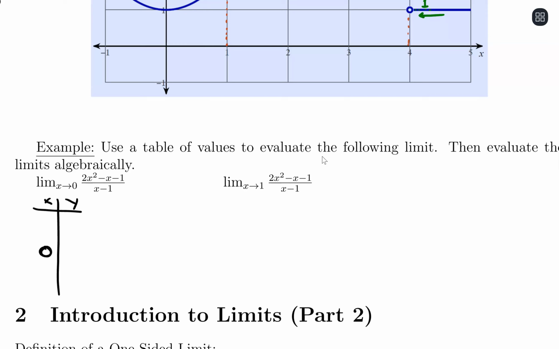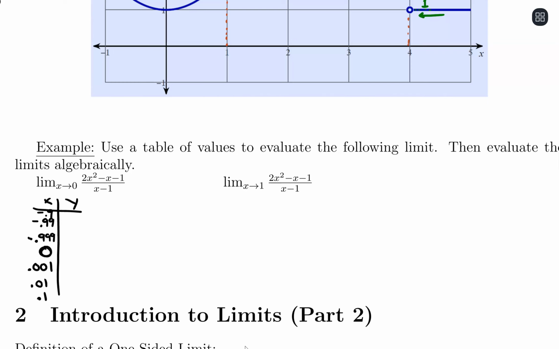And then I just want to think about what's super close on the left-hand side. So let's go like negative 0.999, negative 0.99, negative 0.9. We could do something like that. And then what's just above, so positive 0.001, 0.01, 0.1, something like that, where we just want to see what are we getting closer and closer to on both sides.